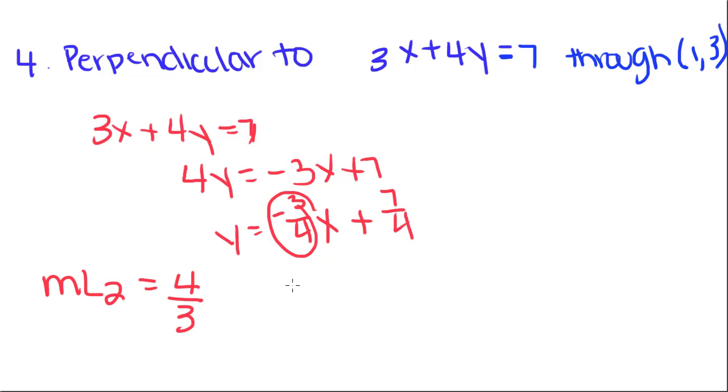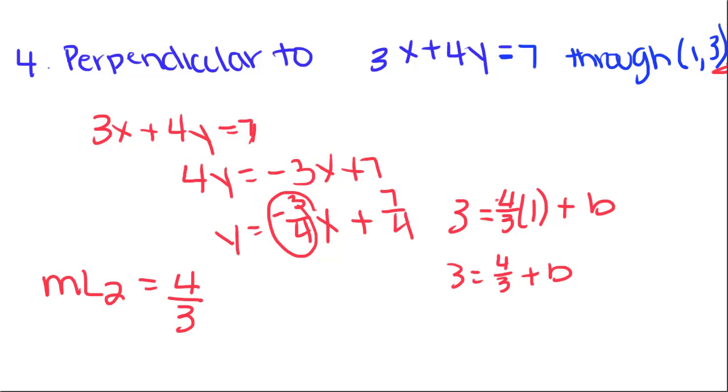And so we're going to do the same thing we did in the last one now, and we're going to plug this and this into the slope-intercept form to find our b. So we get y is equal to 4/3 times 1 plus b. And this should say 3, because this is our y right here. So 3 is equal to 4/3 plus b.